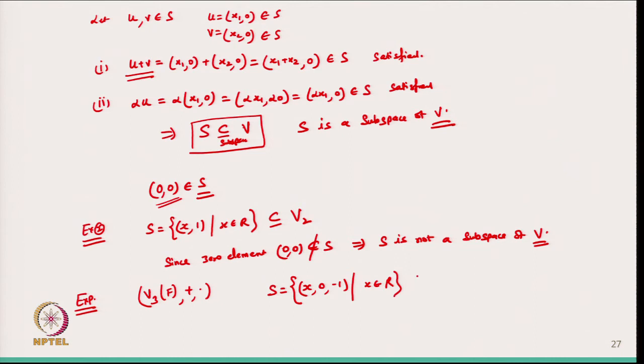It is a subset of V3. Again, the (0, 0, 0) element does not belong to S, which implies that S is not a subspace of V3. Directly we can write that it is not a subspace of V3.